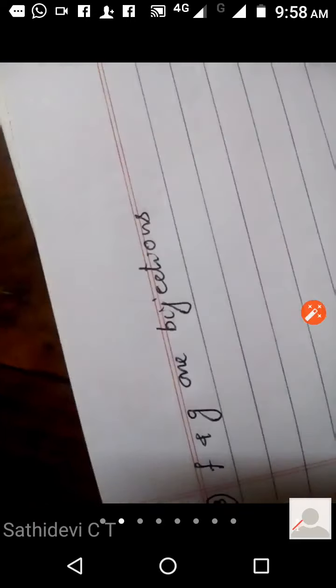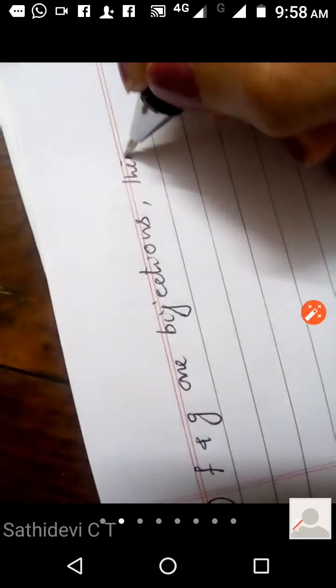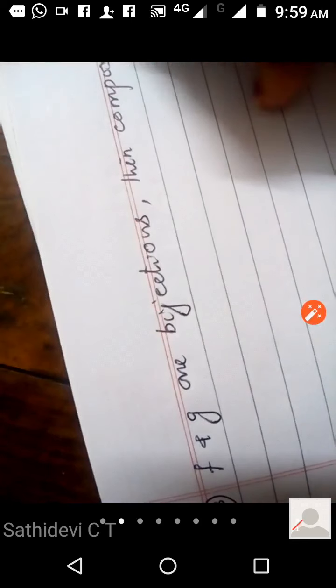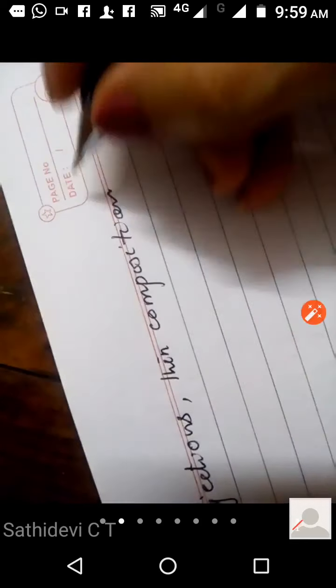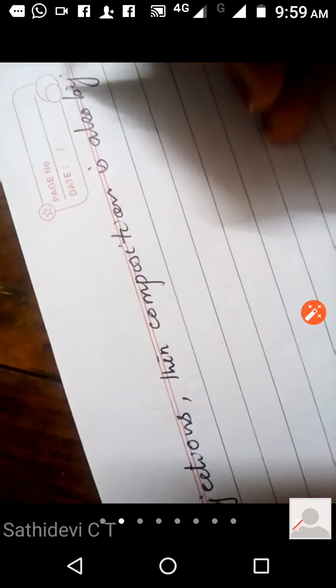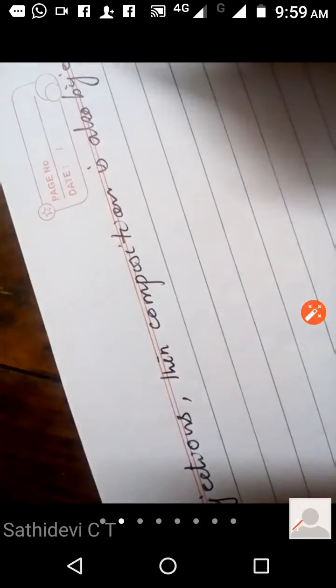Then their composition is also a bijection. Composition bijection means G composite F and F composite G also. That means that is also 1, 1 and onto. That is what you have to prove.